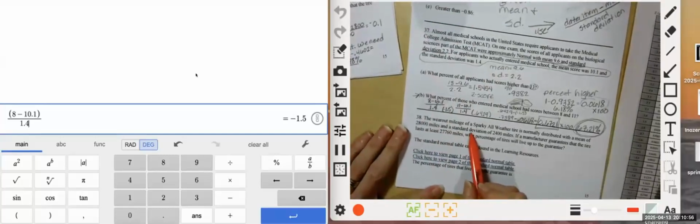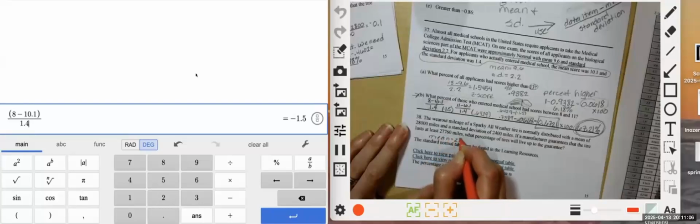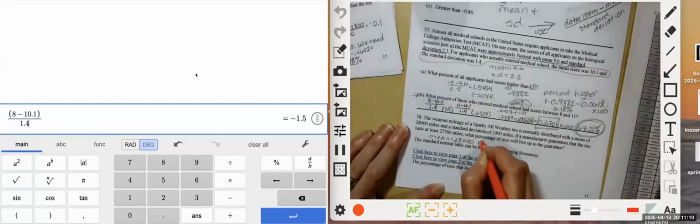Yes, please. Okay. All right, so the next one: the wear out mileage of Sparky's all-weather tire is normally distributed with a mean of 28,000 and a standard deviation of 2,400 miles.